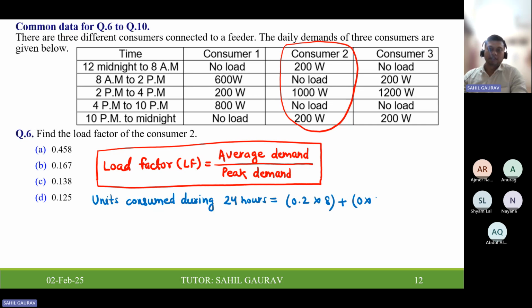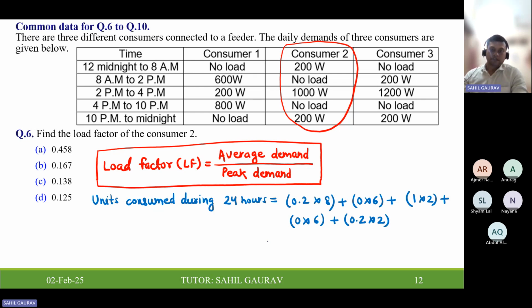Then 1000 watt, that means 1 kilowatt, for 2 to 4 p.m. Then no load from 4 p.m. to 10 p.m., that means 6 hours again. And 200 watt from 10 p.m. to midnight, that means 2 hours.